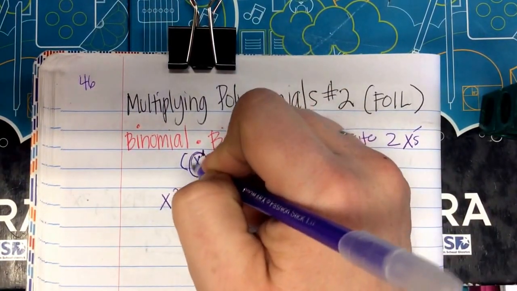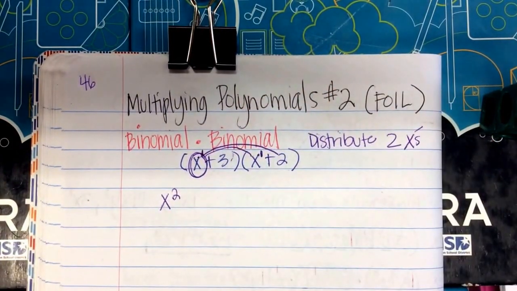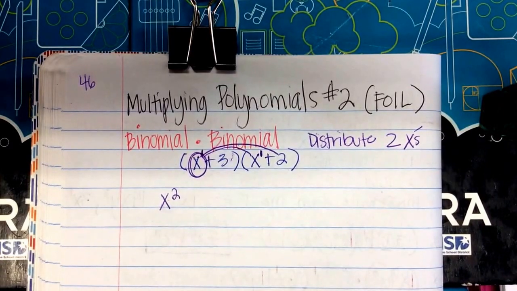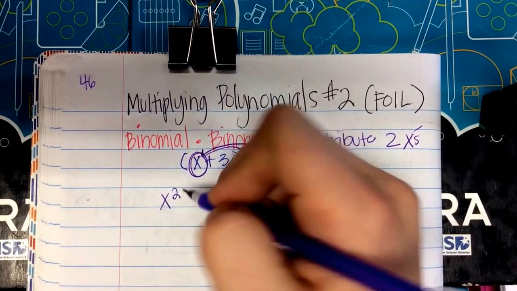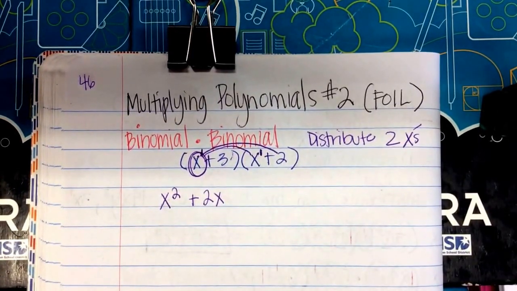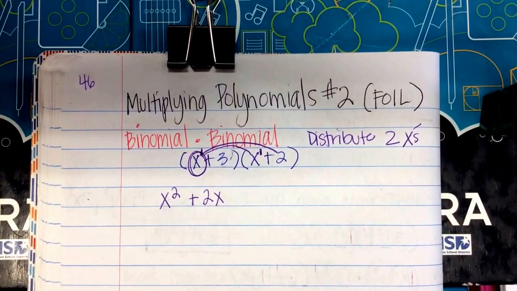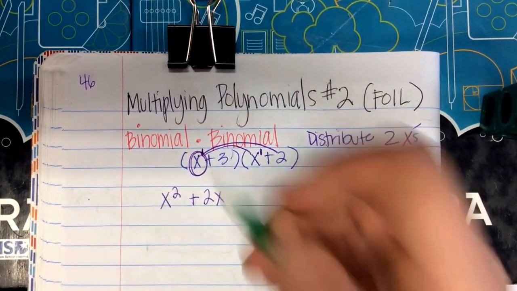Then I'm going to take that x and I'm going to distribute the x to the 2. X times 2 is what? Positive 2x. I distributed 1 time, now I'm going to distribute the next time. I distribute 2 times.